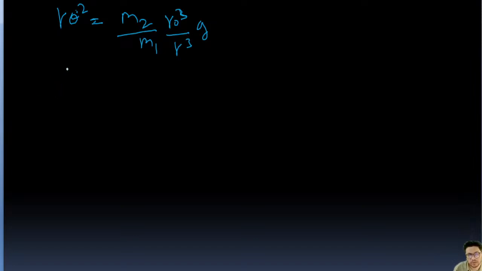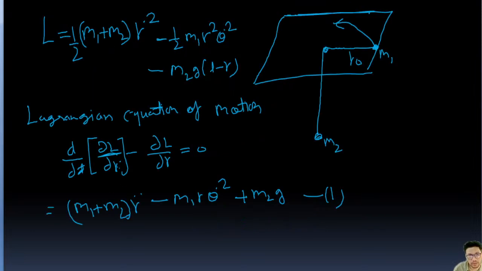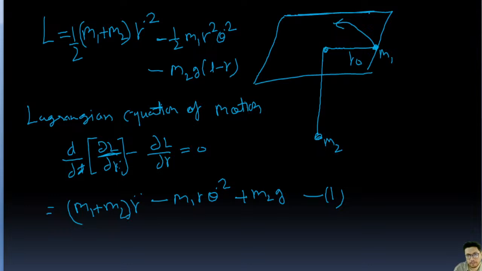So putting the value of r theta dot square in 1, we are going to get m1 plus m2 r double dot minus m1, and we'll put this value, m2 upon m1 r naught cube upon r cube g, plus m2g.